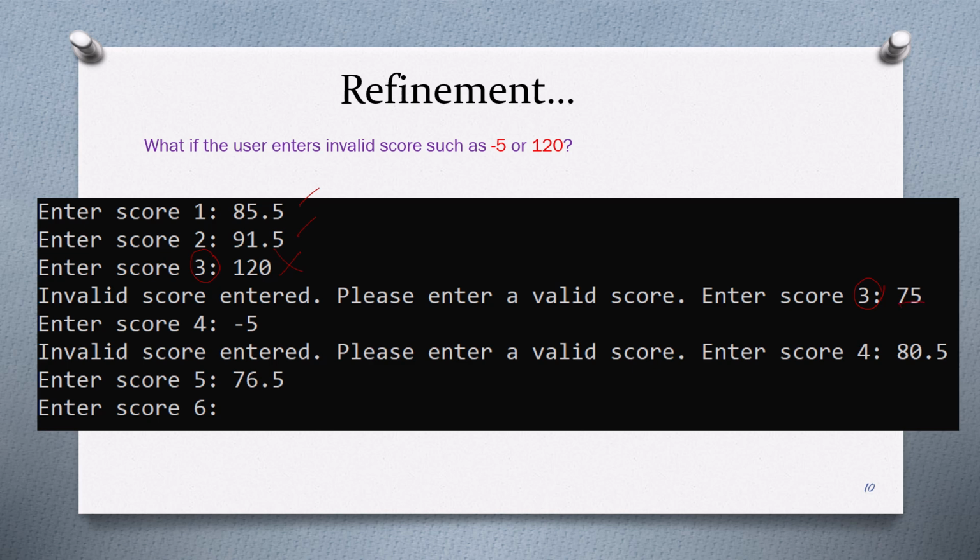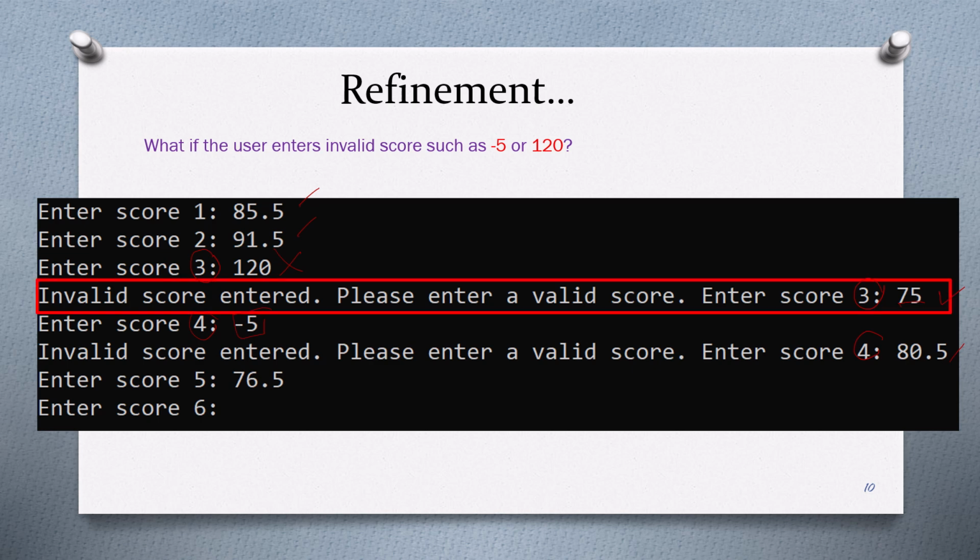If valid, then only you go to the next one. If invalid, ask the user to re-enter. If valid, then proceed to the next one, right? So that is basically how you refine the program.